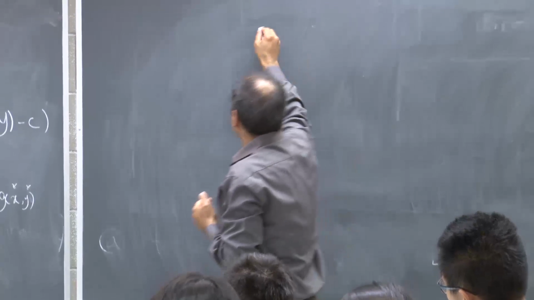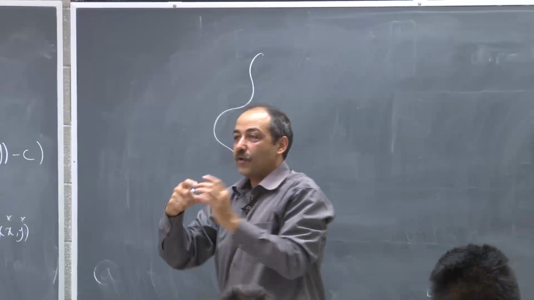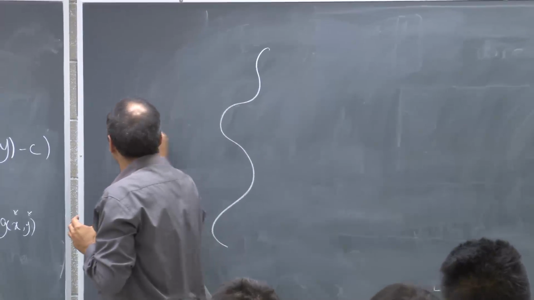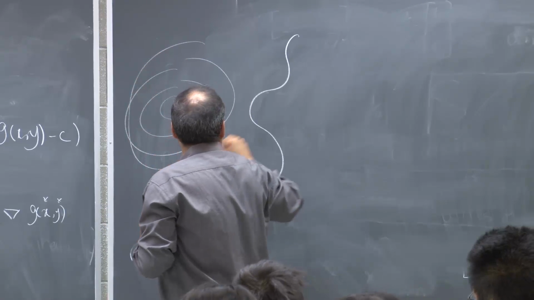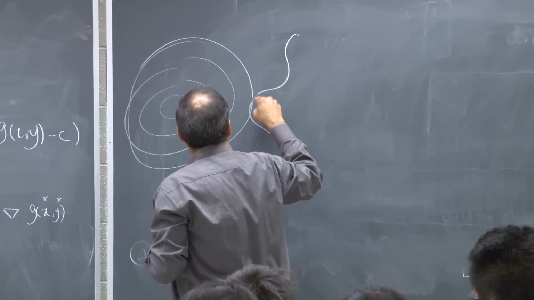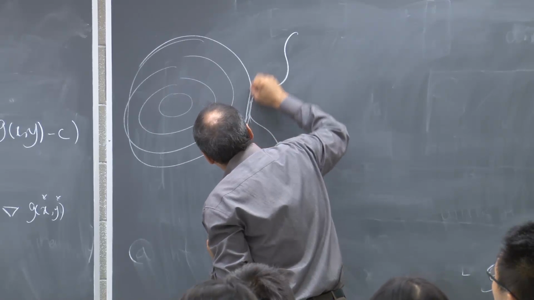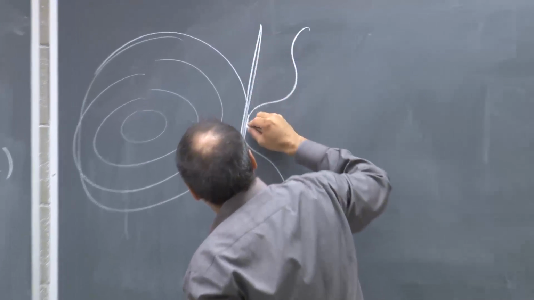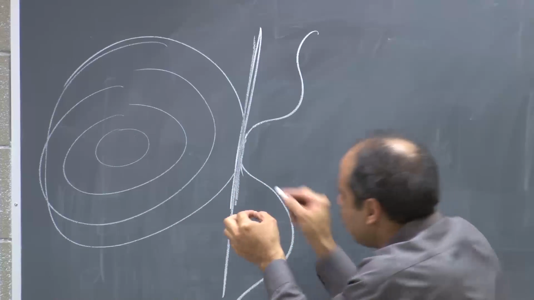So if g is, for example, this constraint, and you want to maximize f, there is a point such that the tangent to f is the same as the tangent to g. And that's your point.